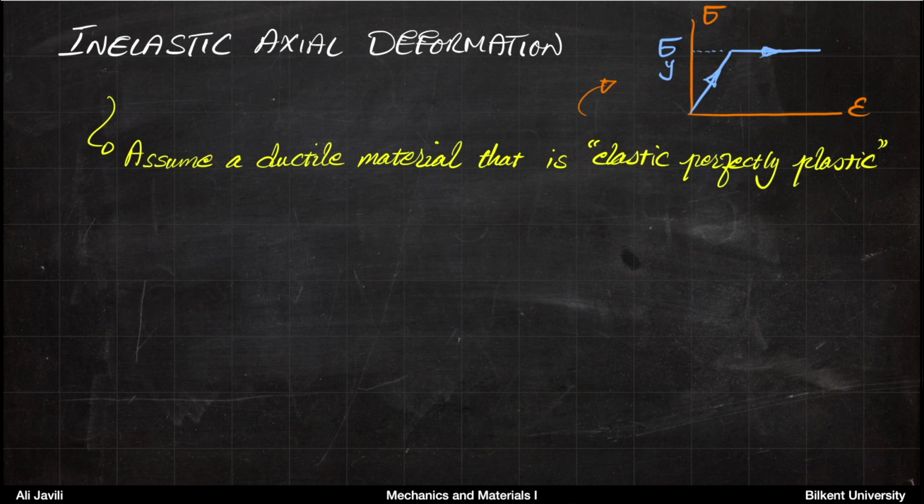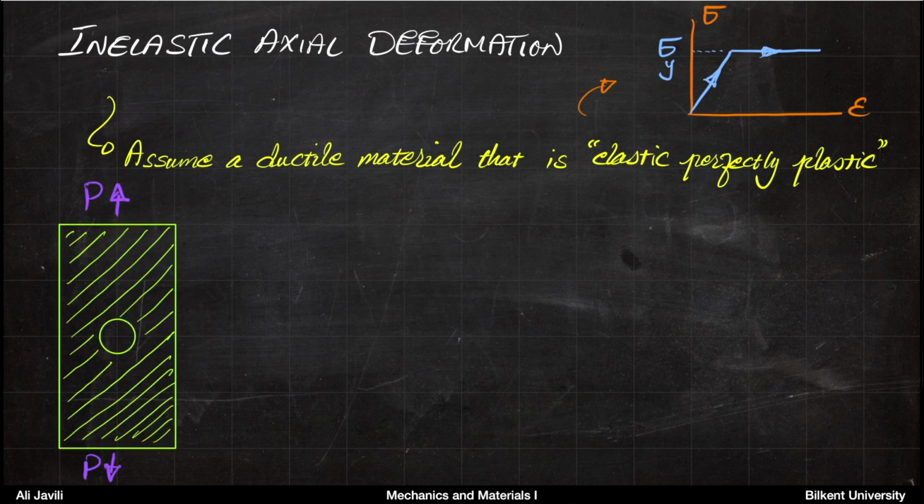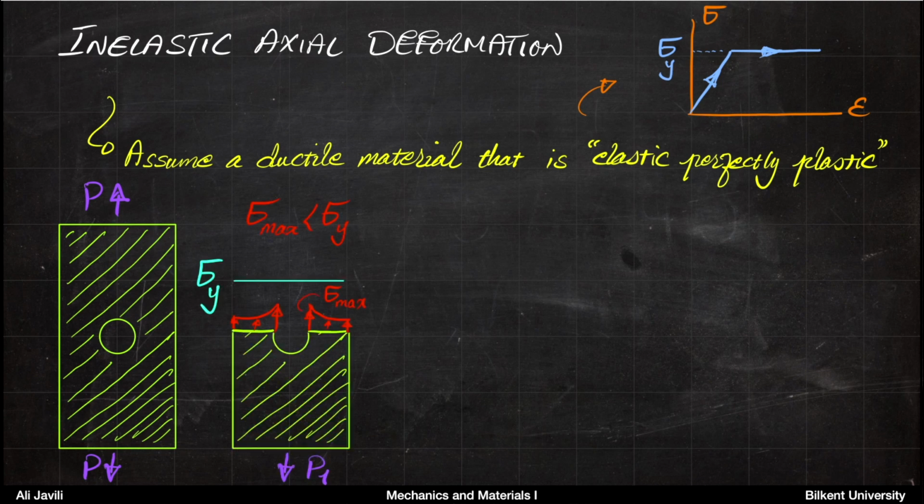Now, we want to combine this concept together with what we just learned from the stress concentration. Think you have a member like this, a plate with a hole, and you apply a force P at the two ends of the specimen.